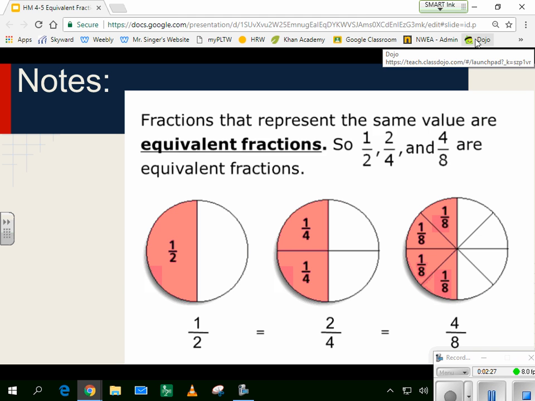Here I have a picture showing, think of it as a big pizza. We've taken a pizza and cut it into just 2 pieces. Then we took a pizza and cut it into 4 pieces. Then we took a pizza and cut it into 8 equal pieces. In all 3 of those pizzas, how much is actually shaded?